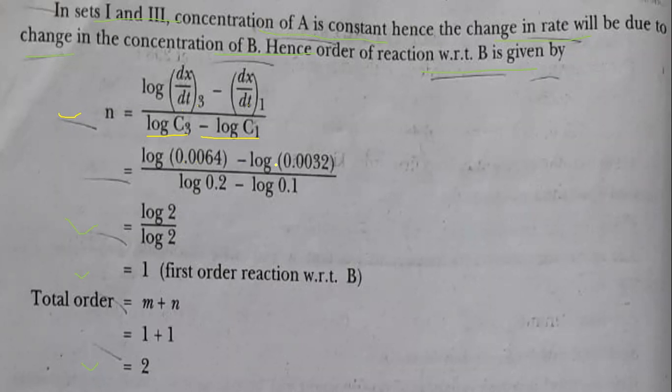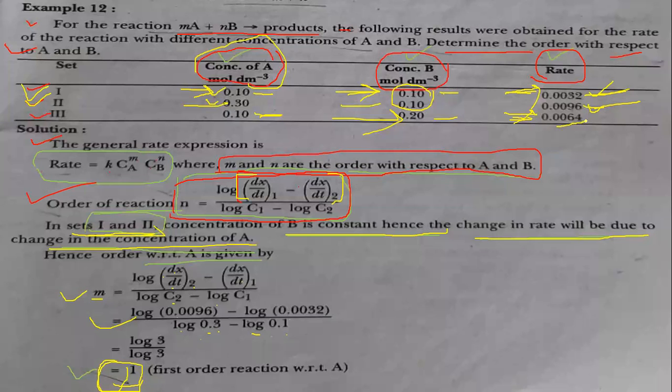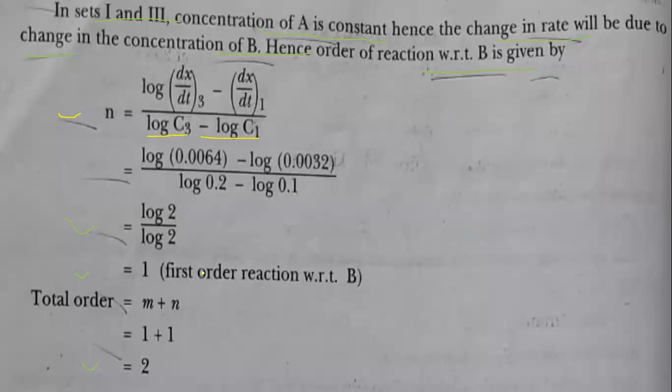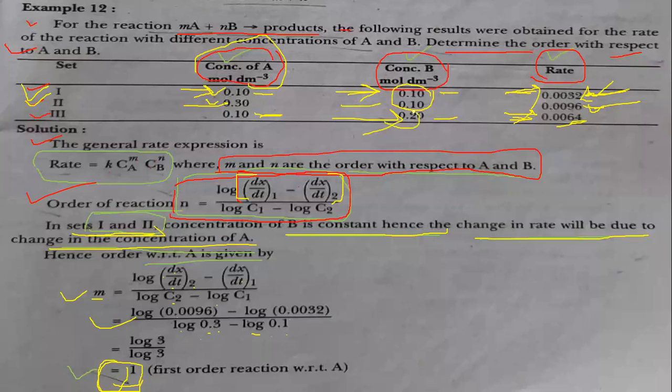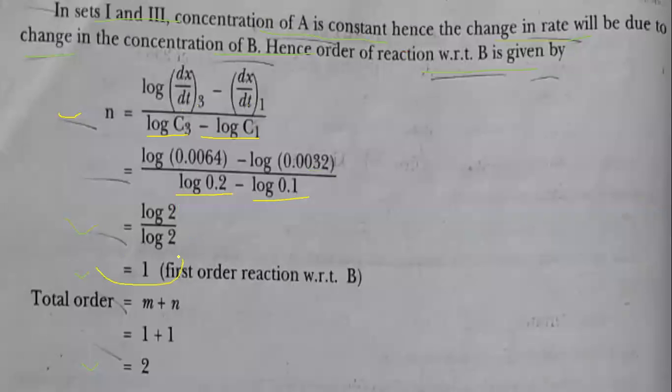Log of 0.0064 minus log of 0.0032, upon log of 0.2 minus log of 0.1. So you get the answer 1.